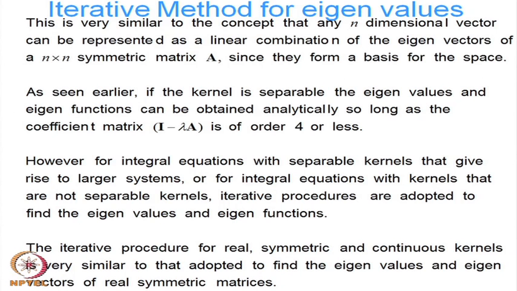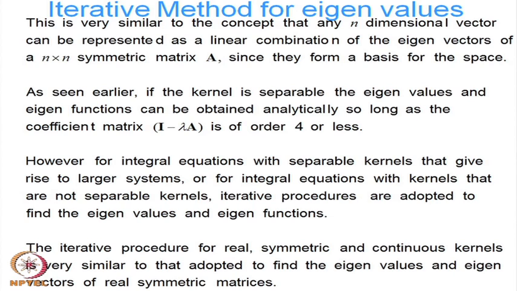So, this is very similar to the concept that any n dimensional vector can be represented by a linear combination of the eigenvectors of an n by n symmetric matrix A, since these eigenvectors form an orthogonal basis. That is a very important result which we will use very soon, but at this point we digress.